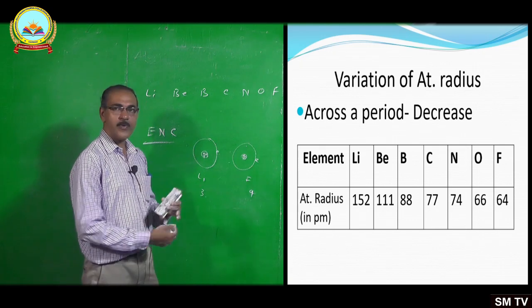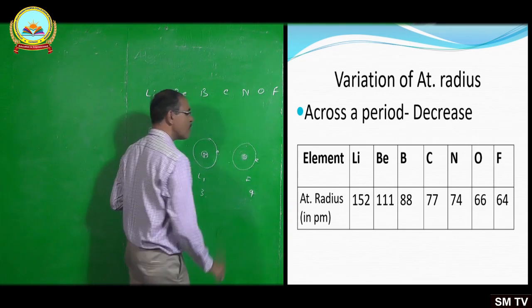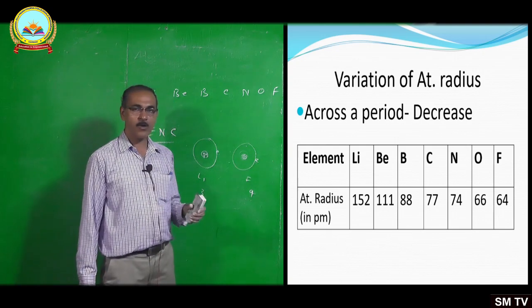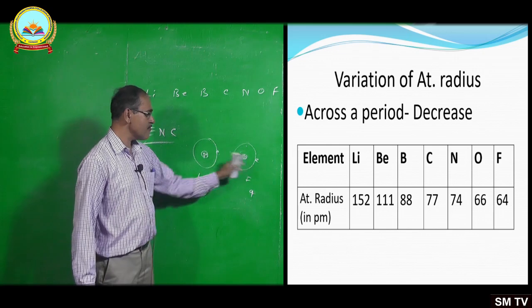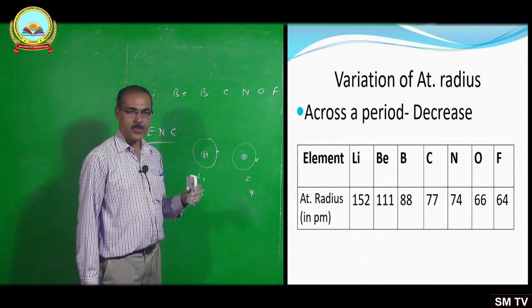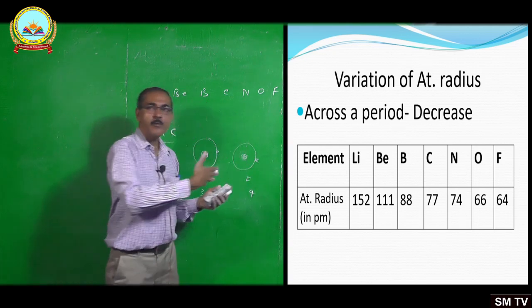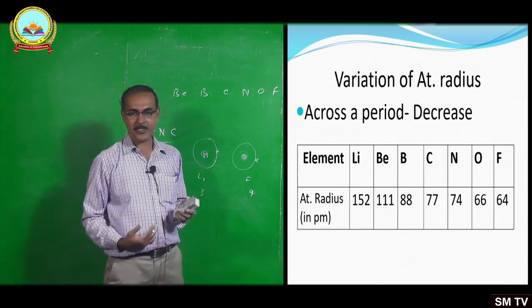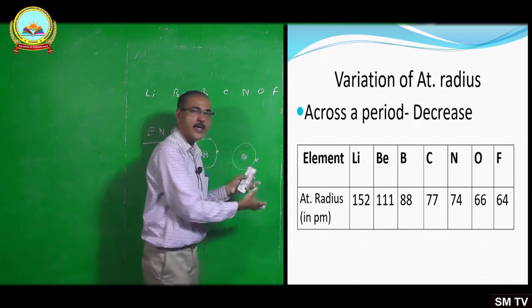So, if the nuclear charge is more, there will be a greater force of attraction on the electron, because the n value remains the same for this and this. Therefore, as the effective nuclear charge increases, the force of attraction on this electron increases.